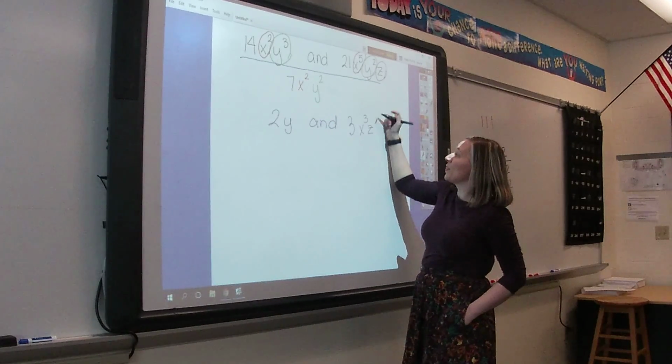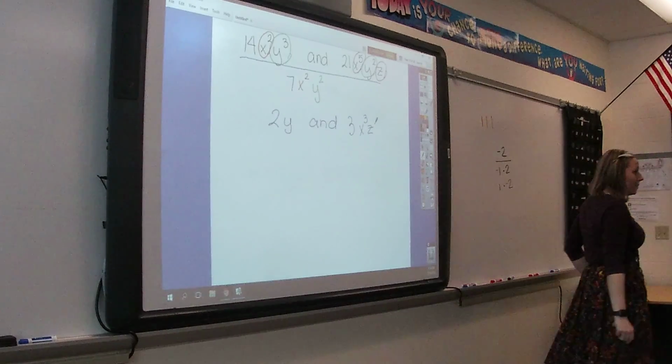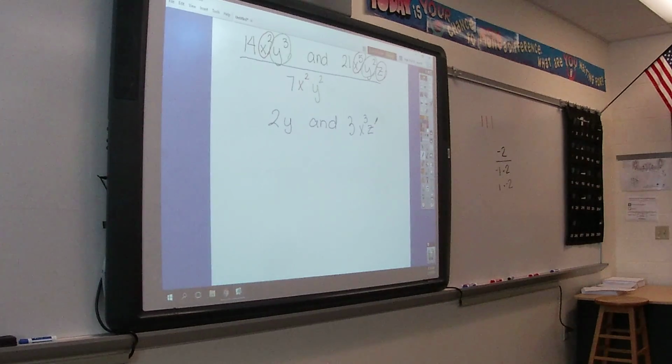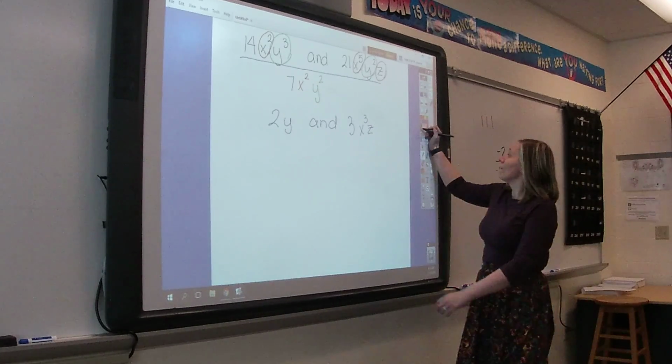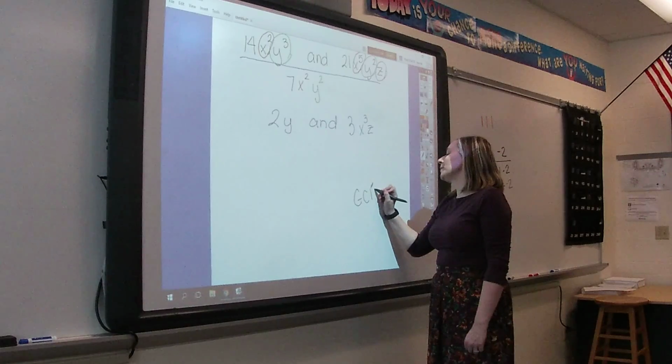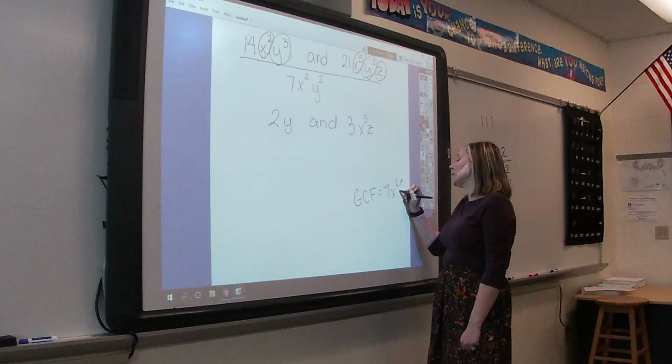And the z is just left. That's from dividing our polynomials last trimester. So again, as long as we did our variables right, we don't need to deal with the variables again. So what goes into 2 that will also go into 3? 1, which means we're done. So our GCF is 7x squared y squared.